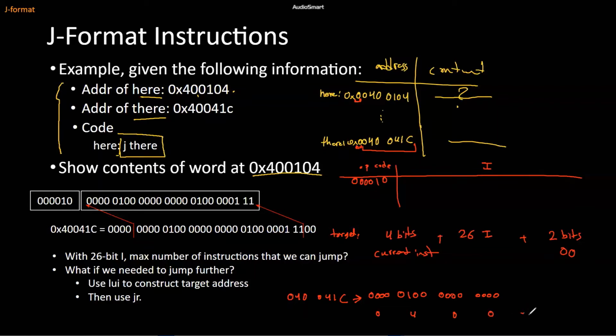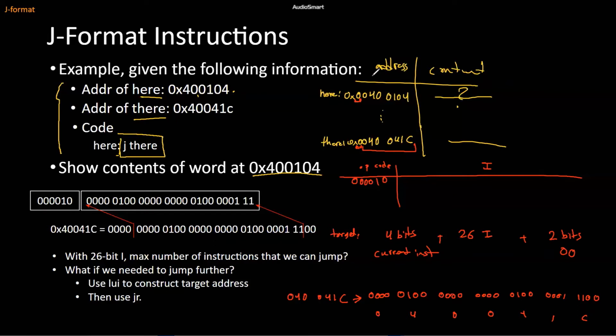Again, we have a 4, so that's 0100. Then we have a 1, which is 0001, and a C. C is a 12, so that's 1100. Okay, so this is basically the rest of the address that we have.